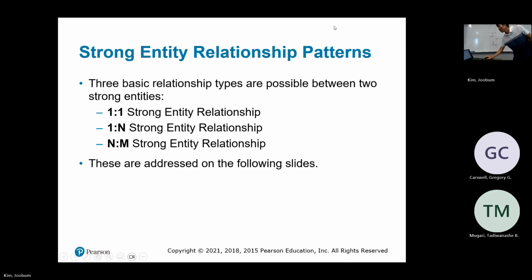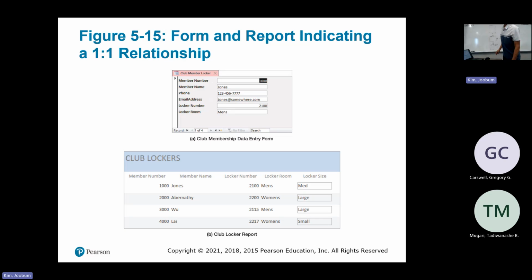Okay. So that one is a relationship, strong entity, independent entity, one-to-one, one-to-many, and then many-to-many. Okay. You already know that. And take a look at this example. So you are given a database system to implement. So you get the customer ask: our company or our organization has a data entry form like that, especially a club membership data entry form.